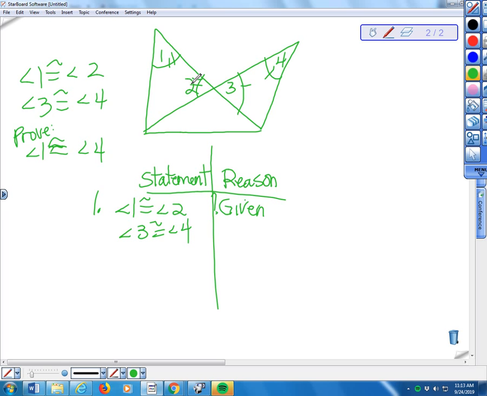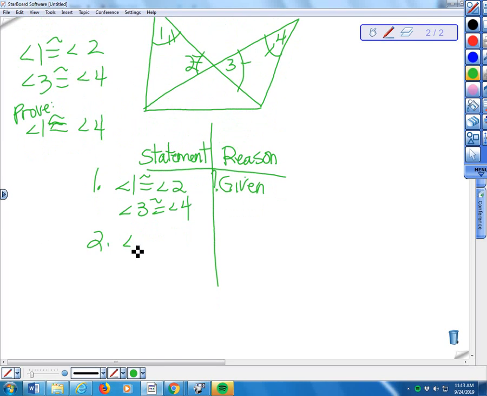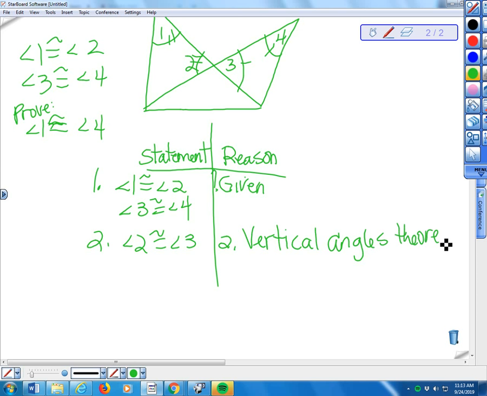Okay? So what I can do is say, my second step, angle 2 is congruent to angle 3. Why is that? So I would say vertical angles theorem. Okay, so now I know 2 and 3 are congruent, right?